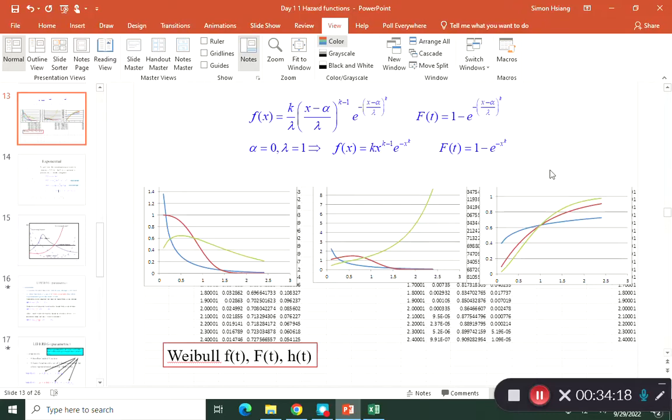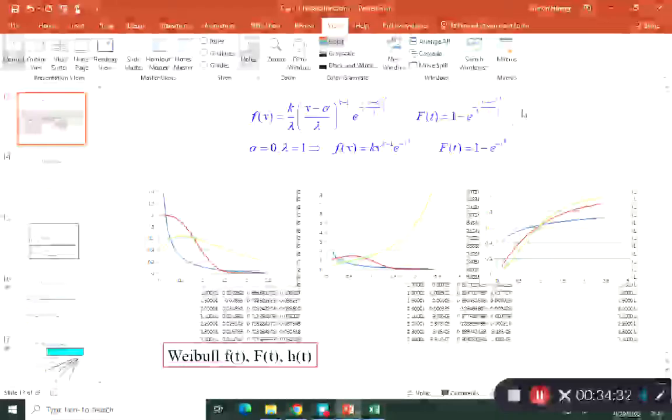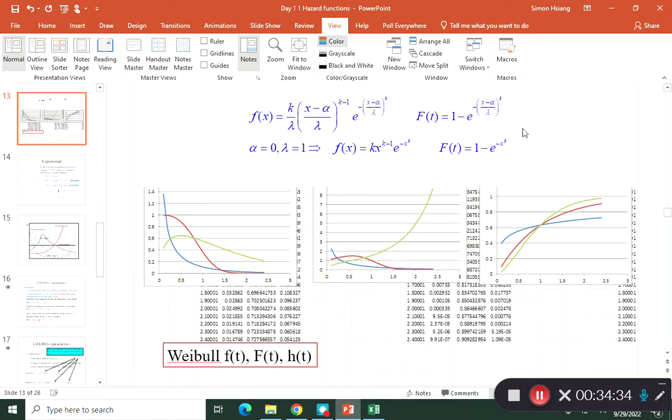In other words, if that's the case, where is my center? My center needs to be nada. And what is my scale? Lambda needs to be 1 in order to make this happen. But that's not the case, right?